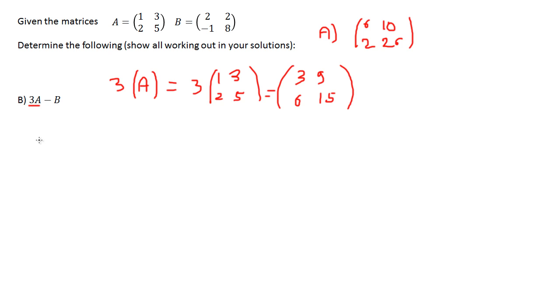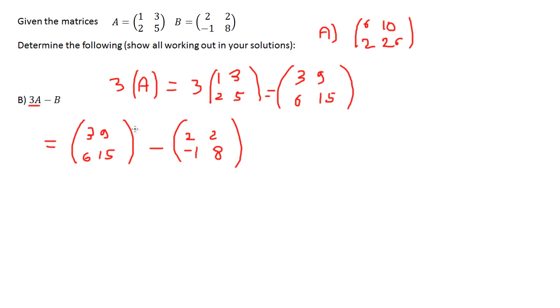Now, 3A minus B will be 3, 9, 6, 15, which is 3A, minus the value of B, which is 2, 2, minus 1, 8. Now, with minuses, it's the same as a plus. You basically subtract every bit of the matrices from each other.